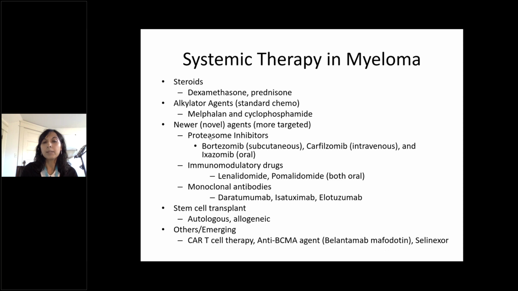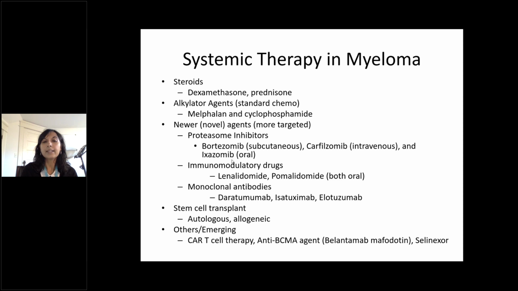So bortezomib, like my patient John was on, and then a second generation version called carfilzomib, and then there's an oral version called ixazomib. And of course, all of these drugs have trade names as well, but for the purpose of this talk, I'm just using the medical name.